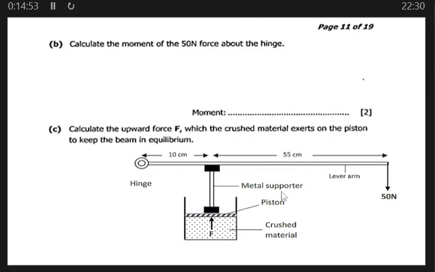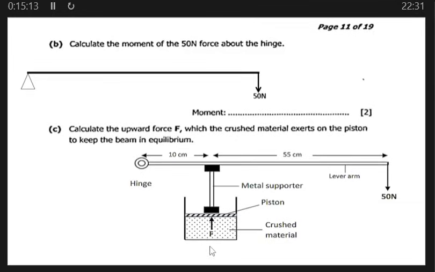So we'll draw this lever arm as a straight line. Then we'll draw this hinge as the pivot here. Then the next thing is to draw the force here and label it as 50 Newton. Then the other thing is to draw this force here.